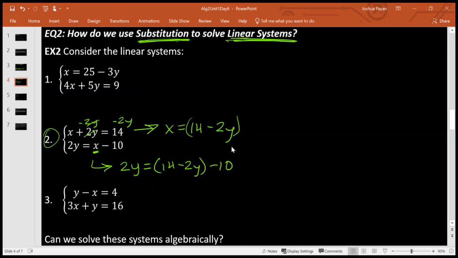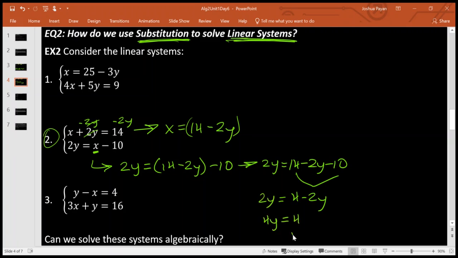And I've got some unnecessary parentheses, so I'm just going to rewrite without them. So 2y is equal to 14 minus 2y minus 10. I say they're unnecessary because nothing's being distributed into them. But anyway, I'm going to go ahead and combine like terms. 14 minus 10, that gives me a 4. Add 2y to both sides, and we get that y is equal to 1.